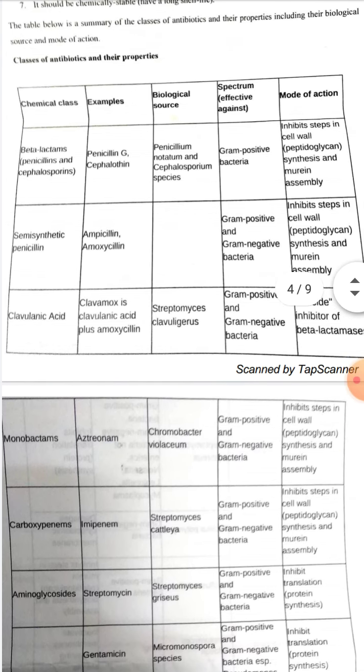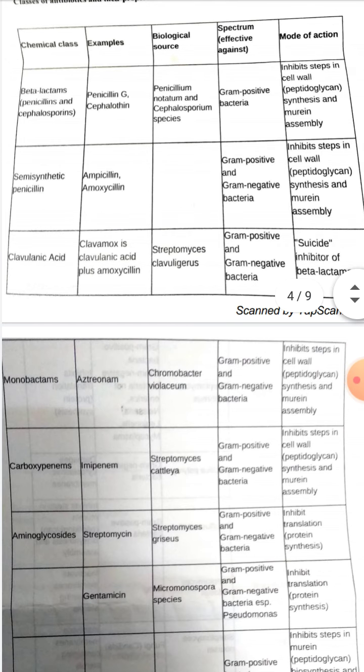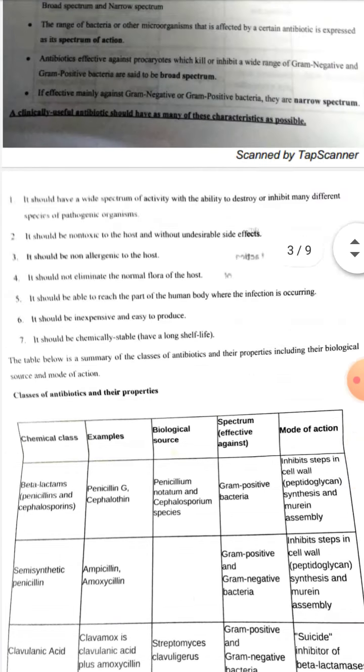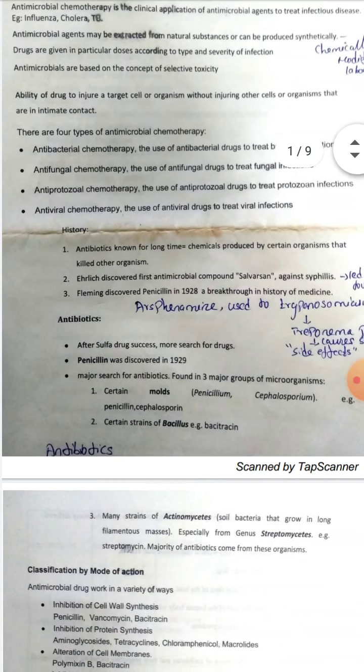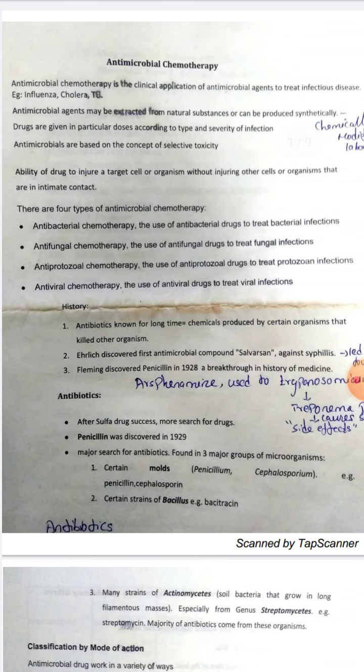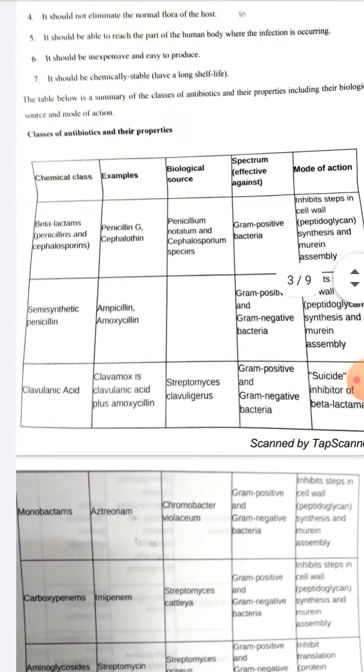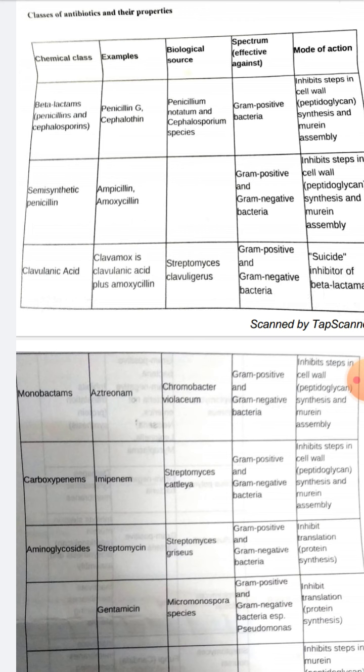This tabular column tells everything about the antimicrobial chemotherapy. This is the theory of antimicrobial chemotherapy. This is the actual thing, like what the antibiotic is and what is effective against which bacteria, and everything. I have made it very simple, but at the same time it's very difficult, and you have to remember this and write it in your exam.